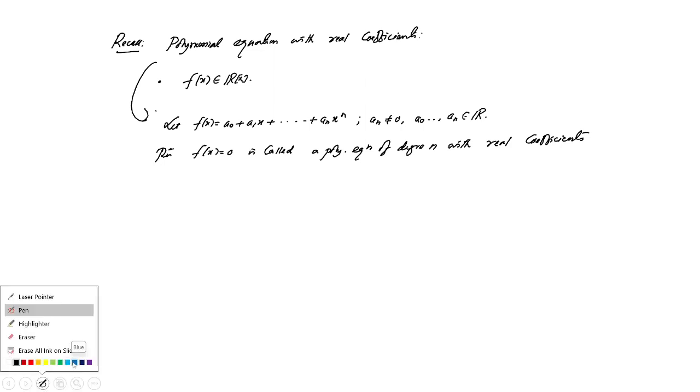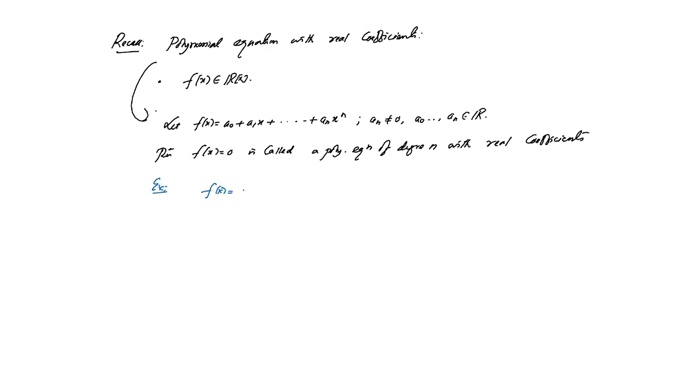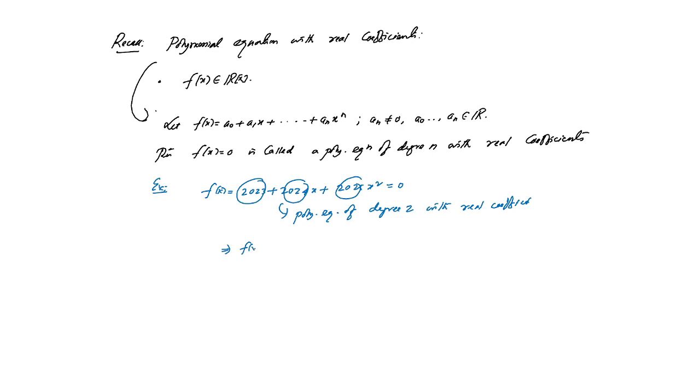As an example, say you have given f(x) equals 2023 plus 2024x plus 2025x square, equal to 0. This is a polynomial equation of degree 2 with all the coefficients real numbers, with real coefficients. Or we can say f(x) belongs to R[x].